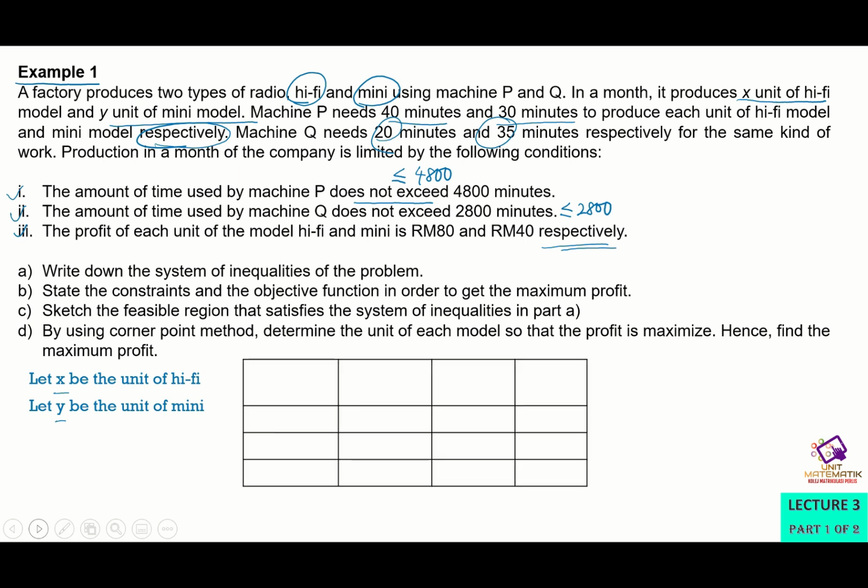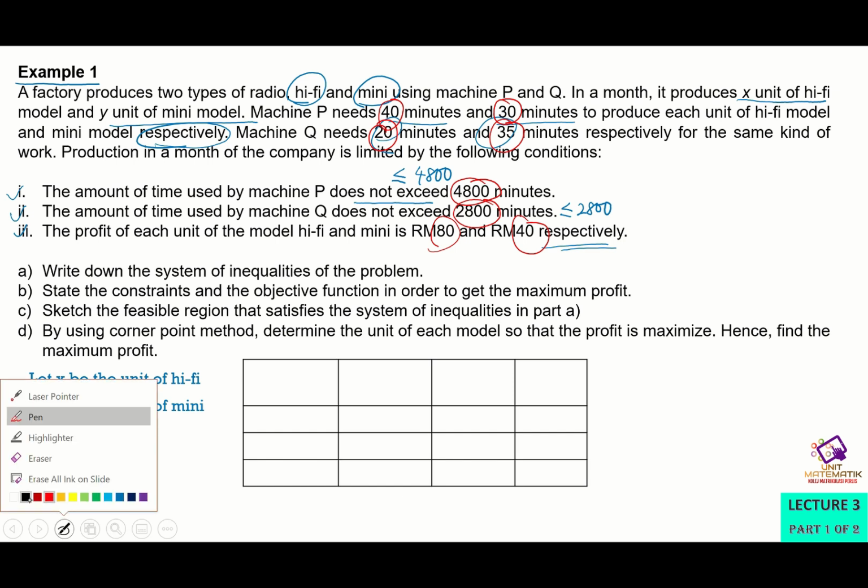So this is your table. So you need to put all the values inside the table. What are the values that we have? Okay, see here we have 40, 30, 20, 35, 4,800, 2,800, 80 ringgit, 40 ringgit. What else? Okay, so ensure that all the values are inside the table.